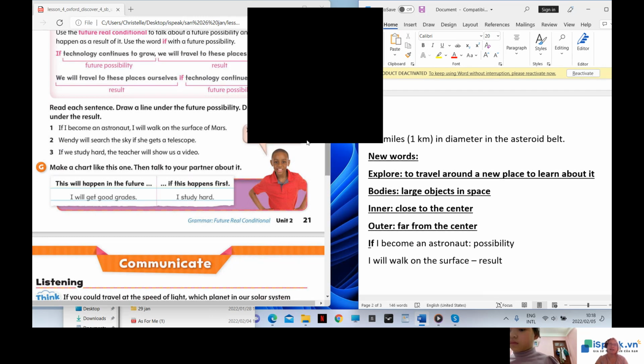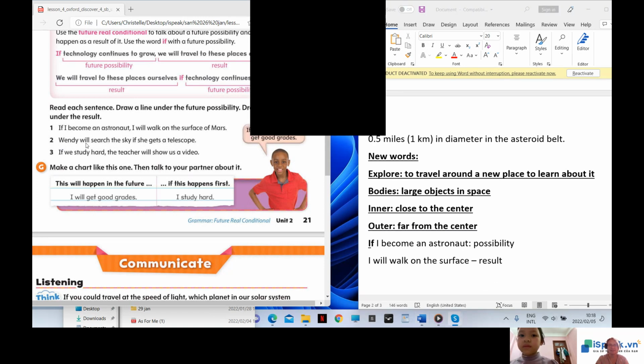So let's try and do the second sentence. Can you read the second sentence for me? Wendy will search the sky if she gets a telescope. So what is the future possibility?